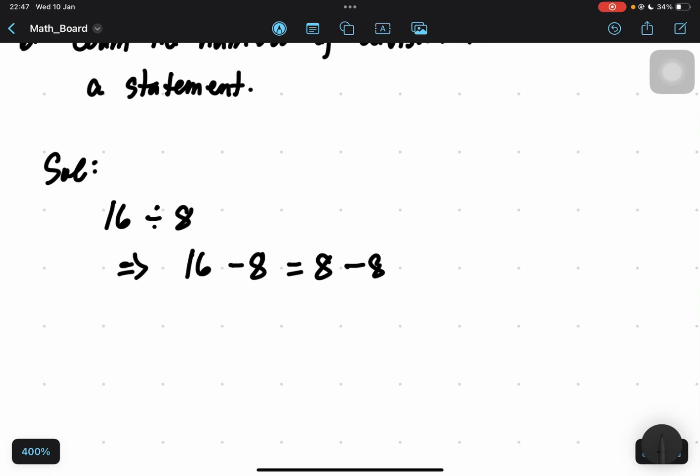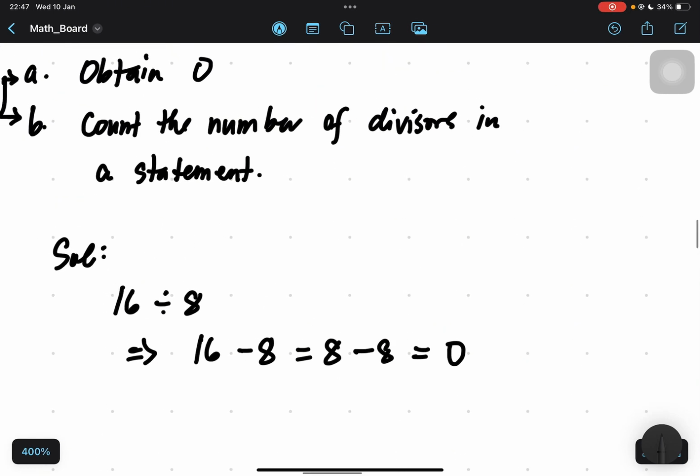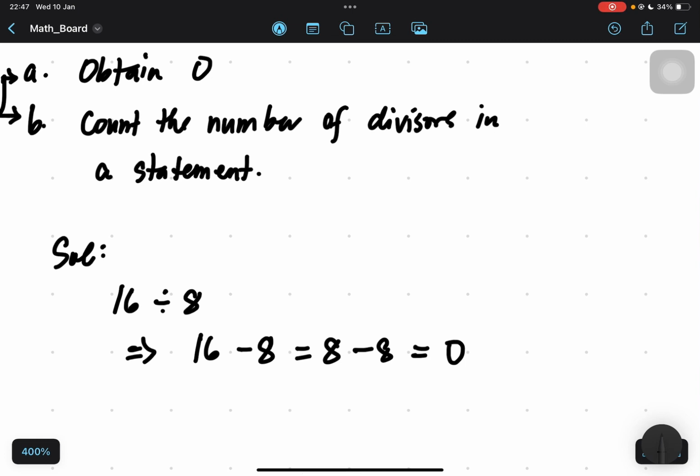And 8 minus 8, since they are the same, is 0. So the first rule is applied, since we obtained the value of 0.